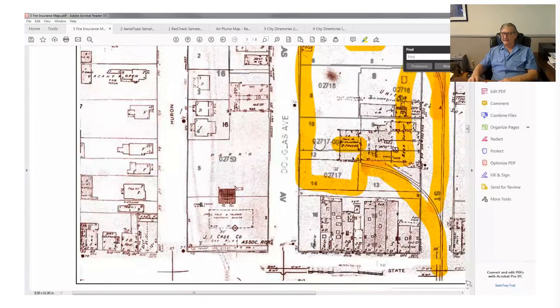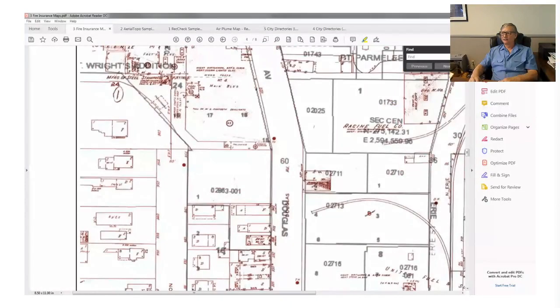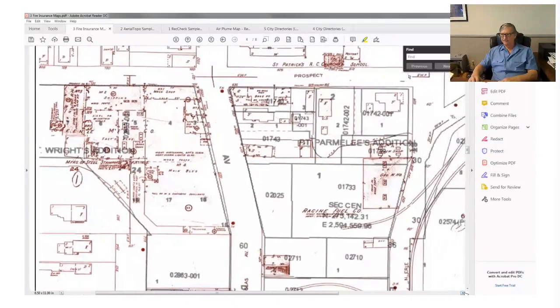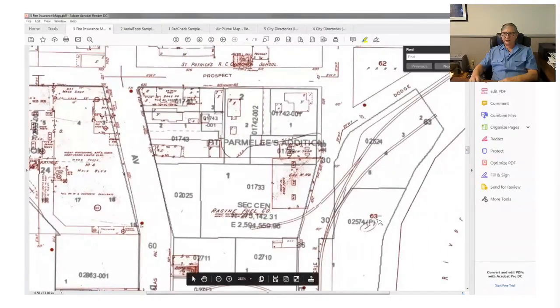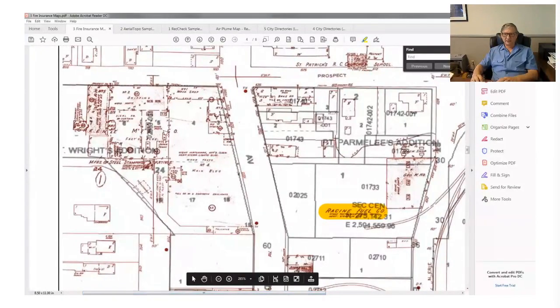Okay, let's go to the next map. I really like these maps. Then we're going to zoom to the last map. Oh, this isn't the one I want. We do have Racing Fuel Company, and we can definitely see green manufacturing a whole lot better. You can see the open vats here.